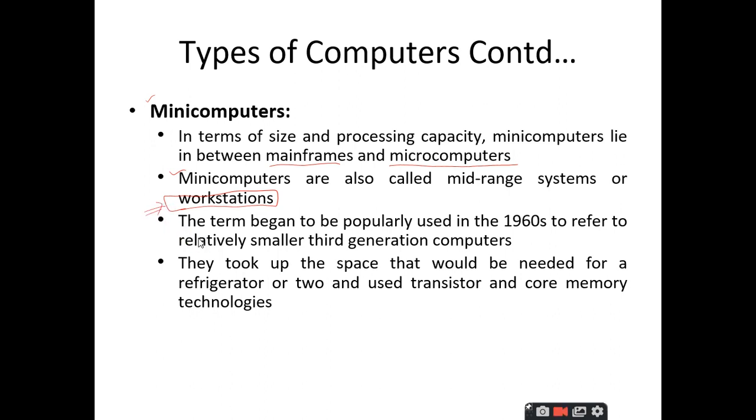They do not call it a desktop system, they call it a workstation. So, mini computers are also called workstations, and the term mini computer became popular from the third generation of computers.